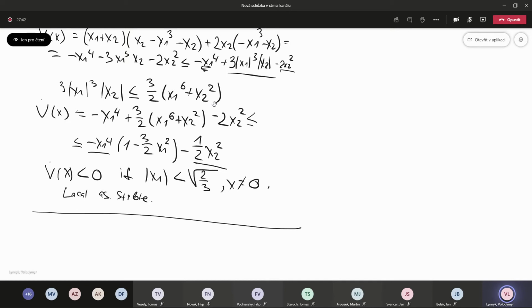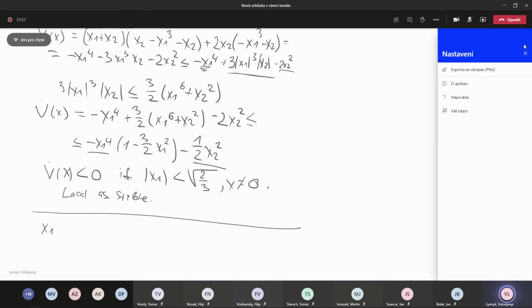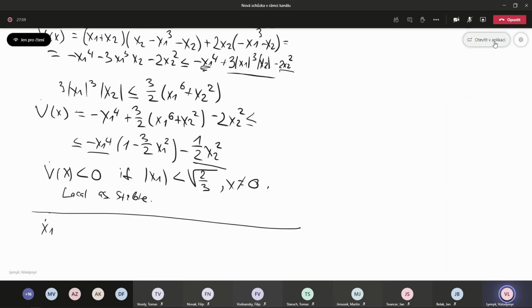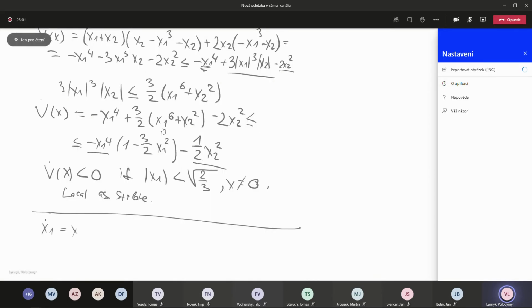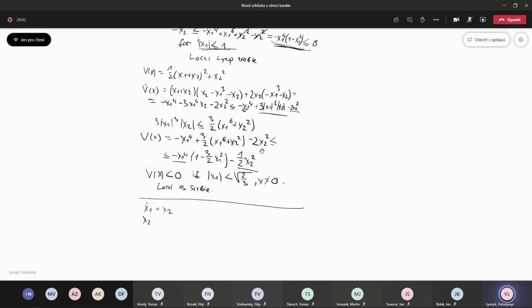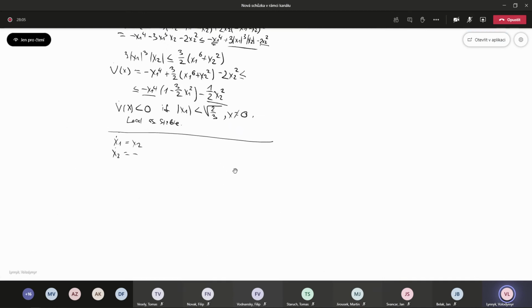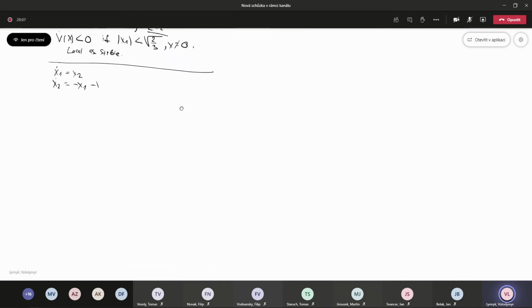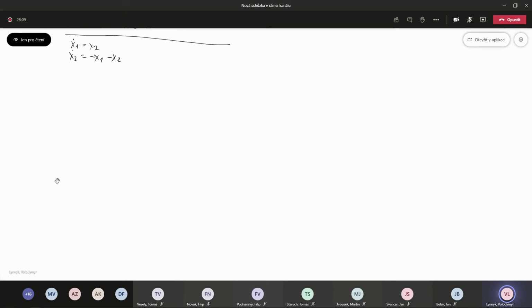The next example is x1 dot equal to x2, x2 dot equal to minus x1 minus x2 cubed.